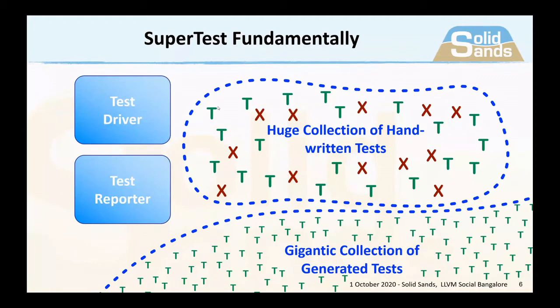On the other hand, we have a very big collection of generated tests. These tests are, for example, specifically generated for a specific data model. So then we do arithmetic testing, or for the calling conventions, that kind of testing.